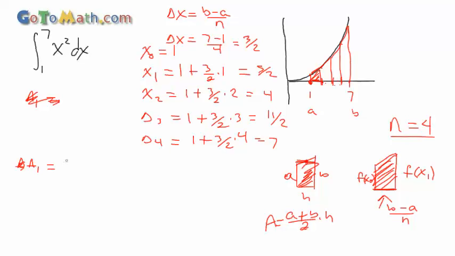So that's going to be f of x naught plus f of x1. Divide that by 2 and multiply that by this guy here, h, or we could say this right here, right?